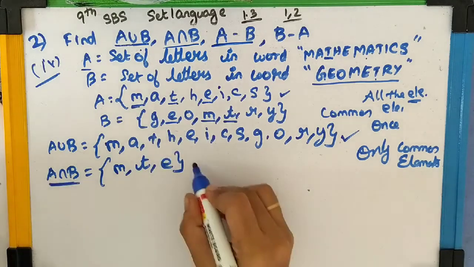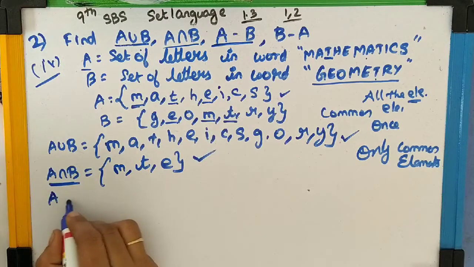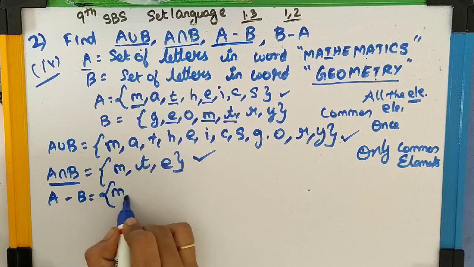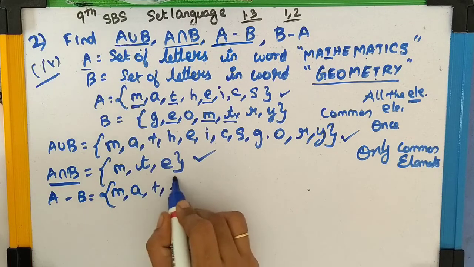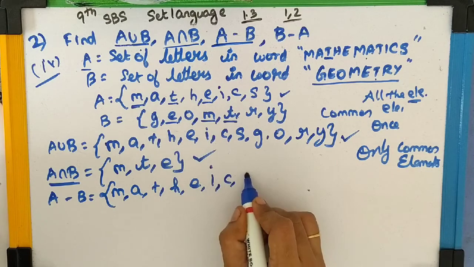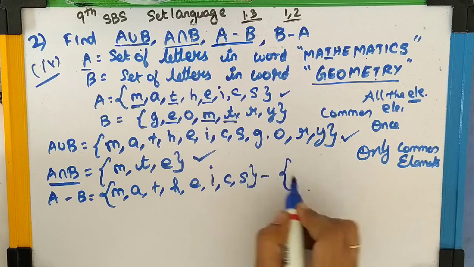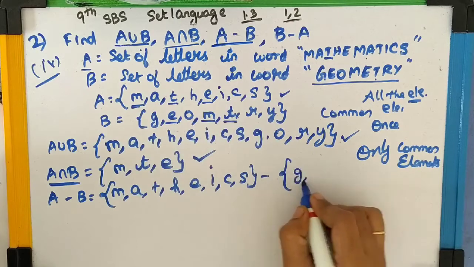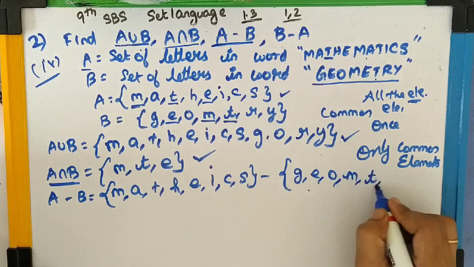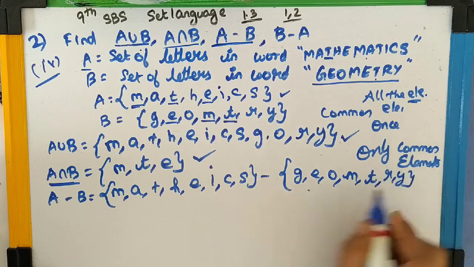Okay. Now I am going to find A difference B. First we have to write the set A: M, A, T, H, E, I, C and S. Difference, what is B? G, E, O, M, T, R, Y. Okay.